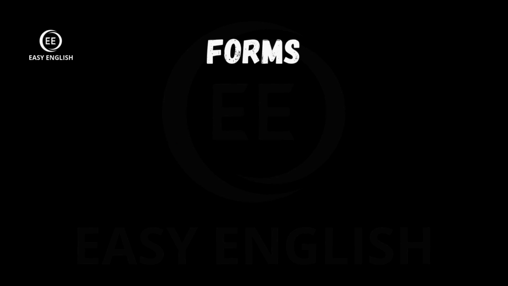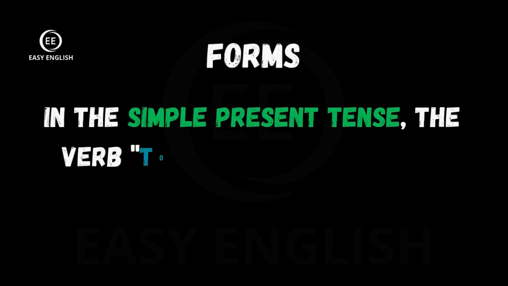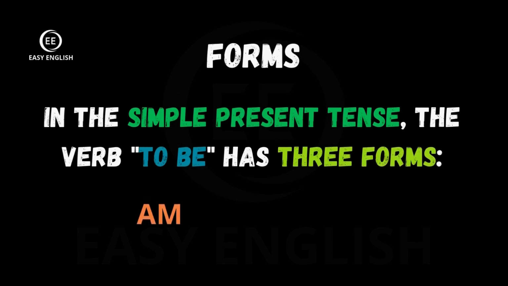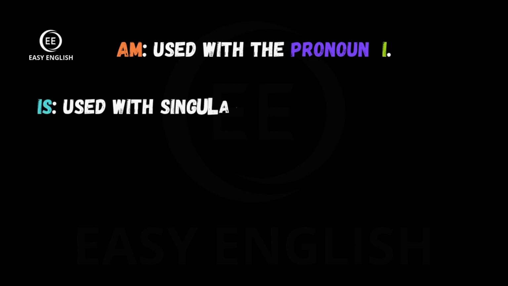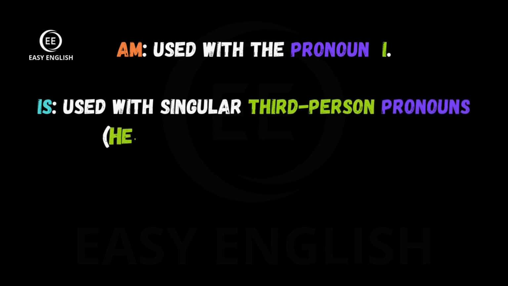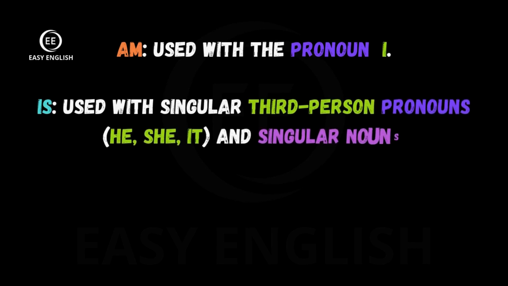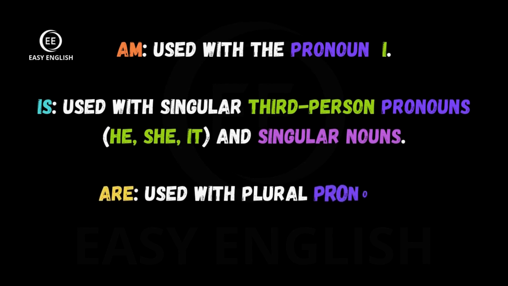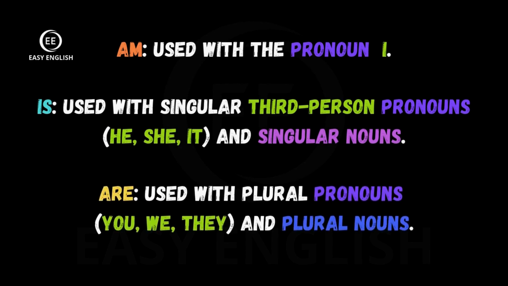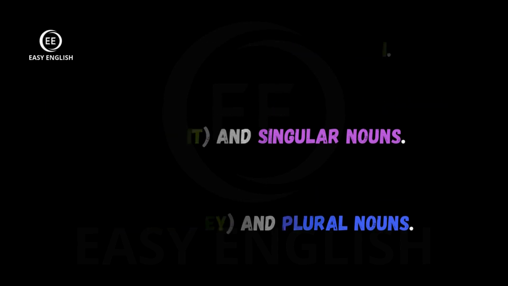Forms. In the simple present tense, the verb to be has three forms: am, are, is. Am, used with the pronoun I. Is, used with singular third-person pronouns, he, she, it, and singular nouns. Are, used with plural pronouns, you, we, they, and plural nouns.